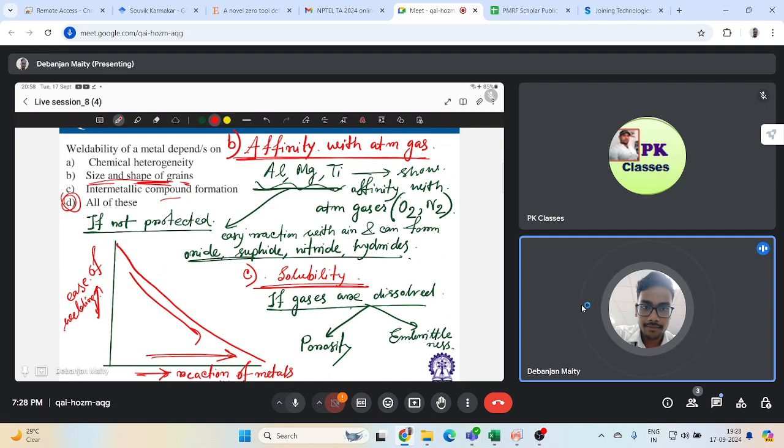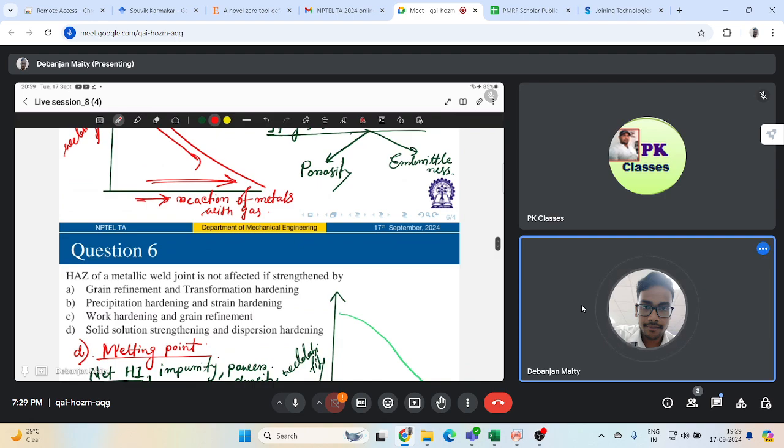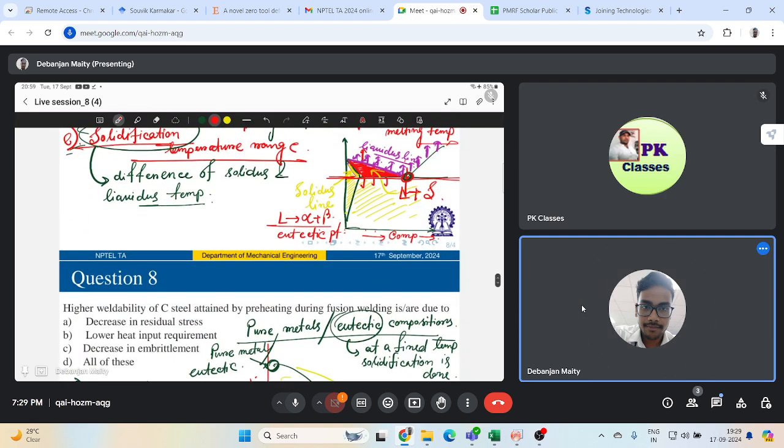But intermetallics have a definite stoichiometric composition, typically forming an ordered crystal structure. That is the main difference between IMC and alloy composition.